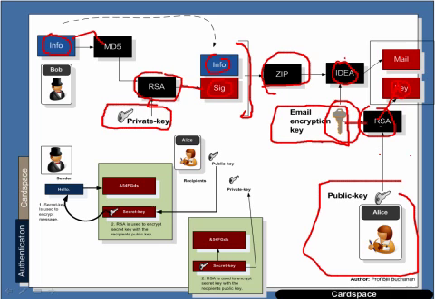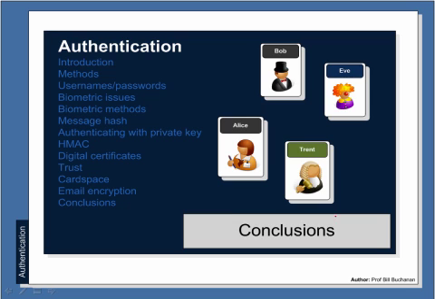She will then be able to decrypt the email, unzip, get this back, take the signature, use Bob's public key to decrypt the hash, and then identify both Bob and the message.